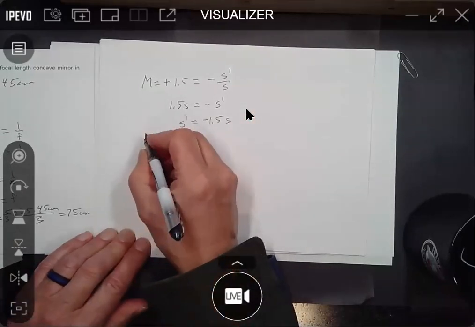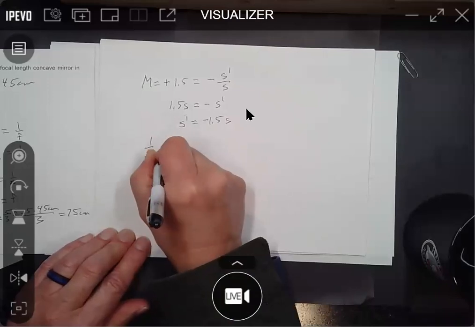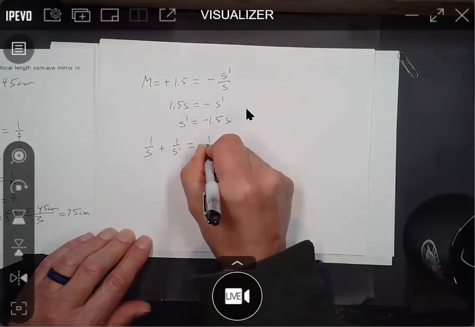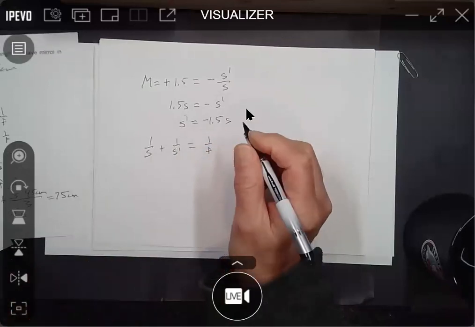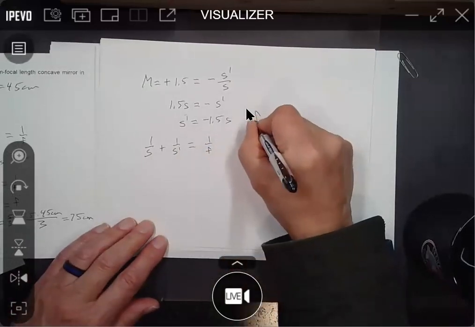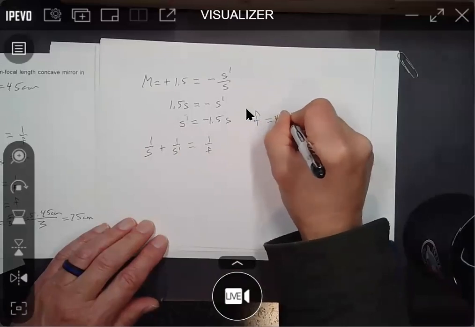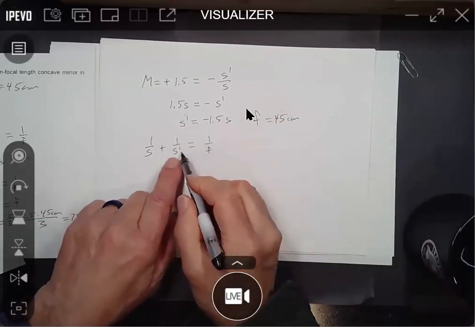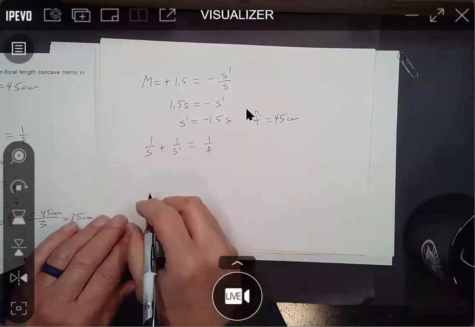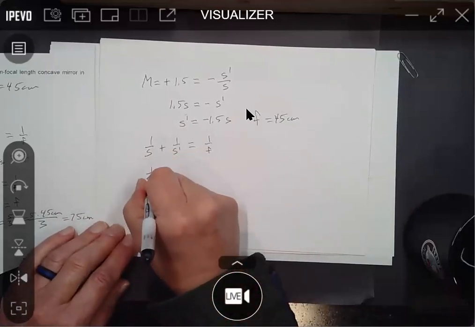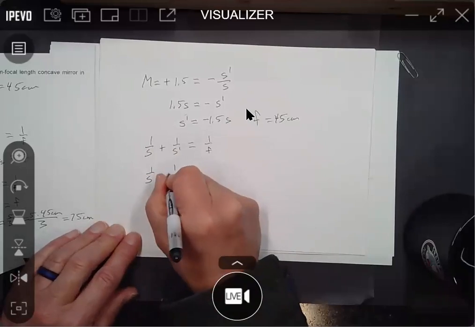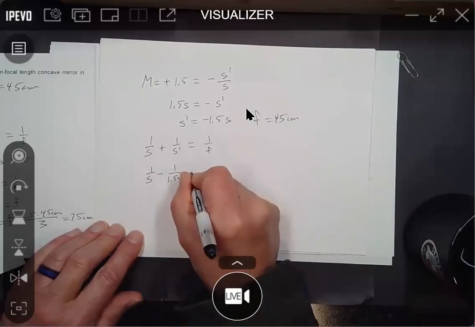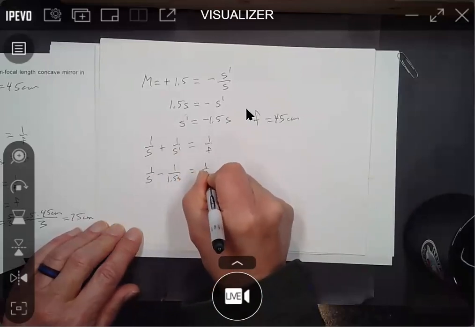So I can say 1 over s plus 1 over s prime is going to equal 1 over f. I've got the same focal length as before. Remember, f equals 45 centimeters. Replace s prime with minus 1.5 s. And so 1 over s minus 1 over 1.5 s is going to equal 1 over f.